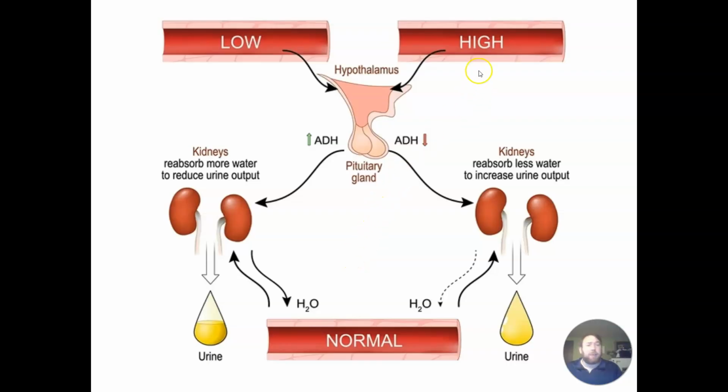The exact opposite happens when we have a high blood pressure. The hypothalamus tells the pituitary gland to back off on the amount of ADH that it produces, which tells the kidney, hey, we don't really need to reabsorb any more water. Let it go in the urine, and the urine output increases in volume, regulating our blood pressure at the same time.